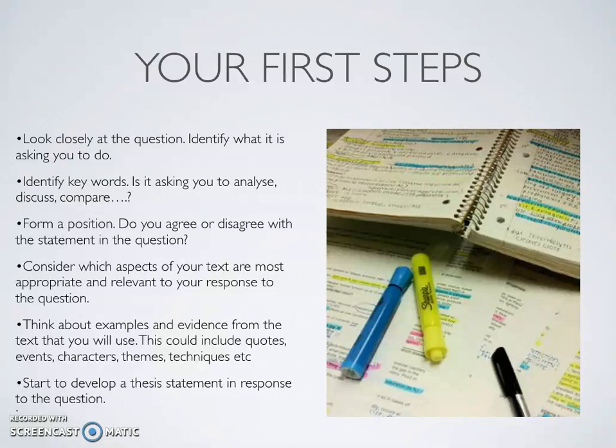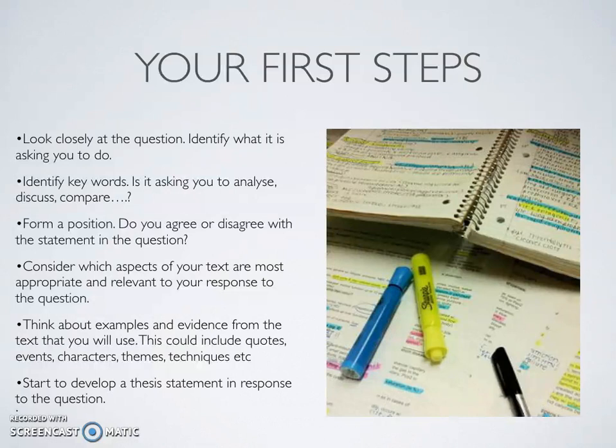Consider what aspects from the text are most appropriate and relevant to your response. So thinking about the text that you've selected, how in fact aspects of that text really demonstrate the question that you've been asked. So for example, if you know that there's a metaphor in the poem, but it doesn't necessarily address the question that you've been asked, it would be best to think about some other examples of evidence within the poem or whatever text it is that you're looking at.